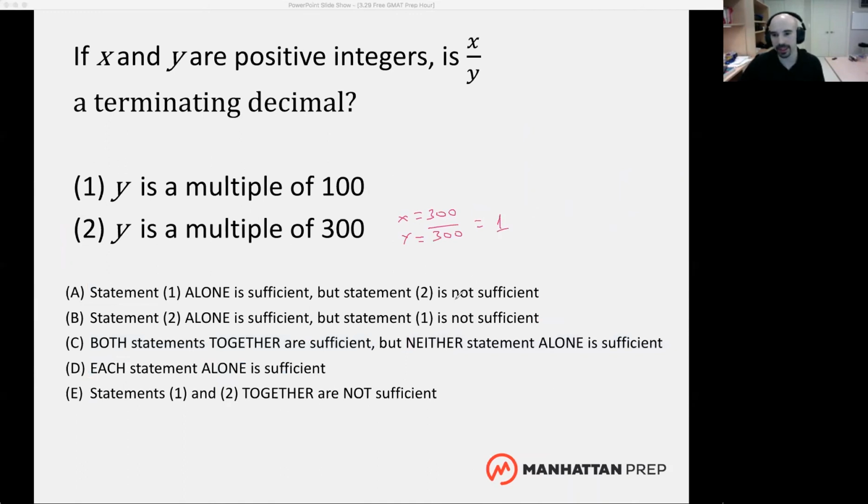And that is terminating. Or X could be 100, and Y would be 300. And that would lead to 1/3, which is non-terminating. So I proved, by testing cases, insufficiency for each statement on its own. And we already know that C can't be the answer because statement 2 implies statement 1. So I'll pause here for questions, and then I'll show you a variation on this data sufficiency problem.